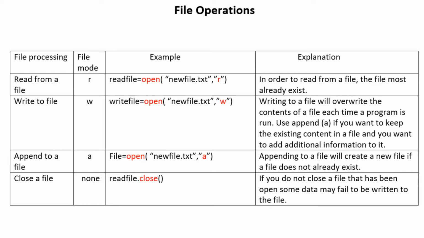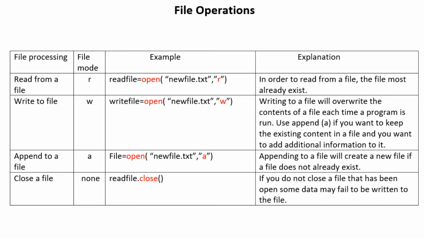When you're writing to a file, the contents of the file will be overwritten each time you run the program. So if you want to keep the contents of the file, what you would have to do is use the append mode when writing to a file. Append mode is similar to read and write, in that you create yourself a variable name, any name that you want.